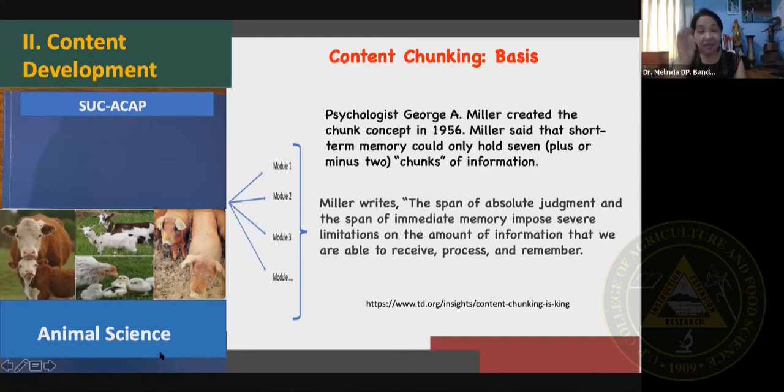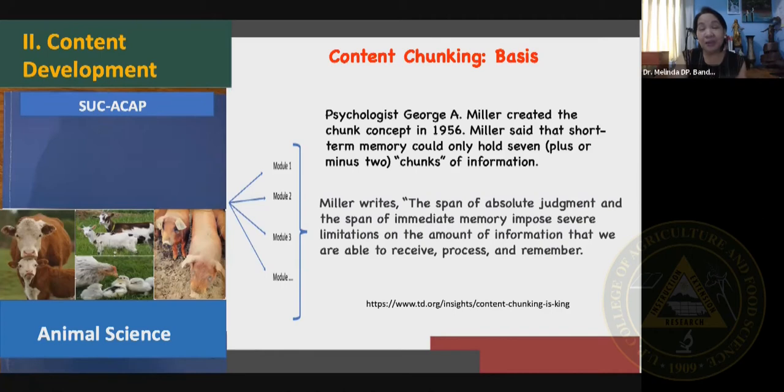So again, if we are going to look at the content, then this can be our guide in determining what should be contained in a particular module. Animal nutrition, for instance, napakalawak ng animal nutrition. Di ba? Animal production, napakalawak din yan. So, paano mo pahahatiin yan?